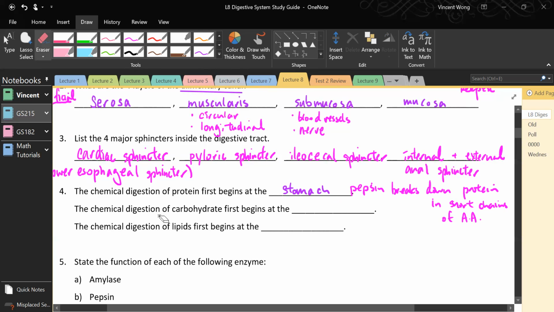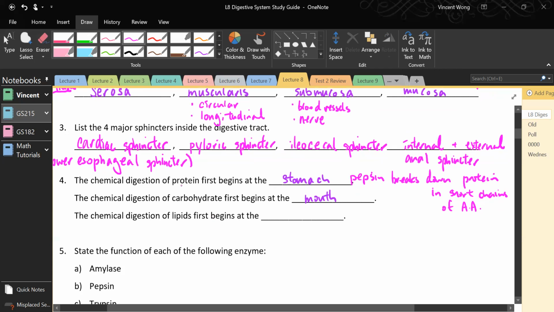The chemical digestion of carbohydrates first begins at the mouth. Okay, so in the mouth, in the saliva, there are enzymes, right? The amylase. Okay, so amylase will break it down. The enzymes are coming up anyway, so we can talk more about it later.